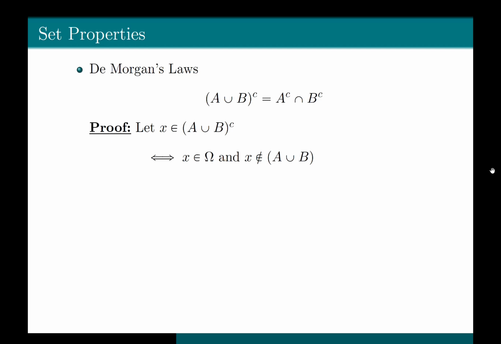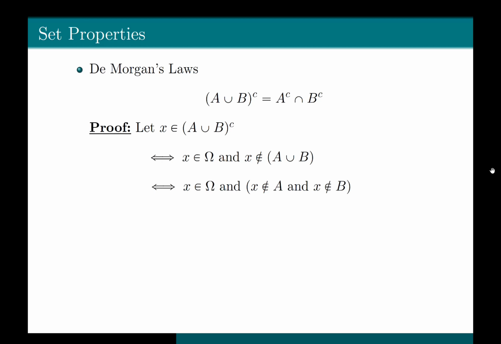It means all those elements from the universal set that do not belong to A union B. Now, X does not belong to A union B means X does not belong to A and X does not belong to B. Remember, we have that X does not belong to A union B. The negation would be that X does not belong to A and X does not belong to B.